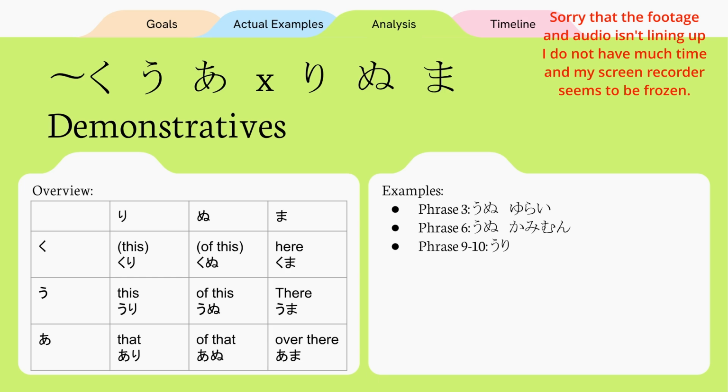The ta rule is also applied to adjectives, and unlike verbs, it's always ta. For example, here's a good one.